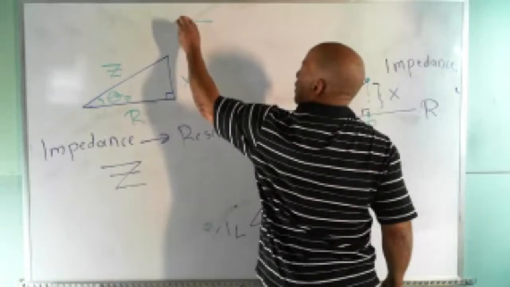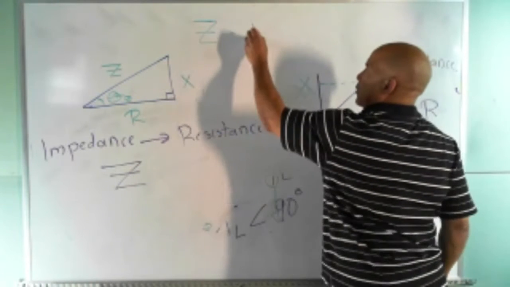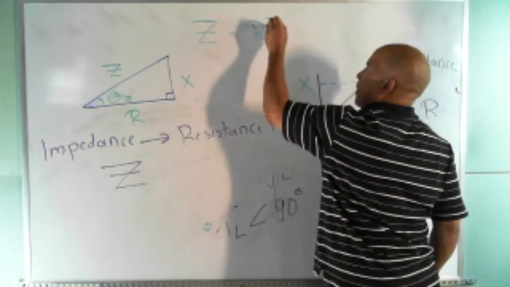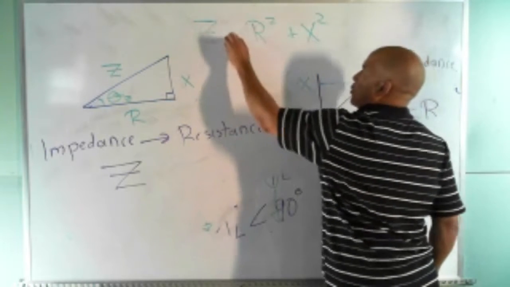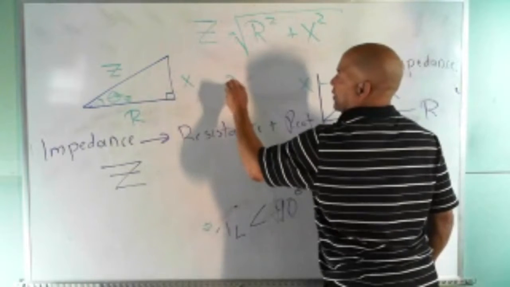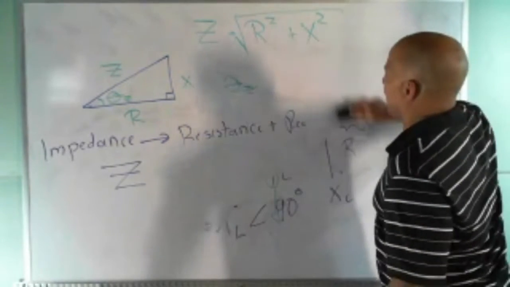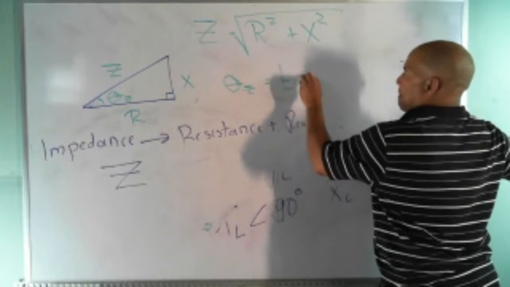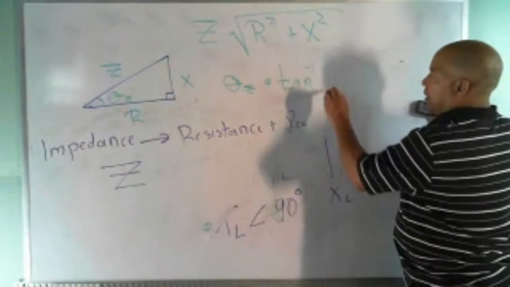So my impedance Z would equal, by the Pythagorean theorem, the square root of R squared plus X squared. And then the impedance angle, theta Z, would just be the inverse tangent of the reactance over the resistance. It's always the inverse tangent when you're trying to find the angle of the impedance.